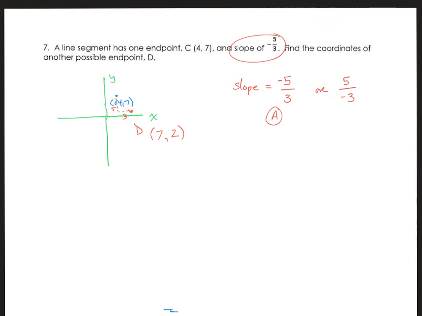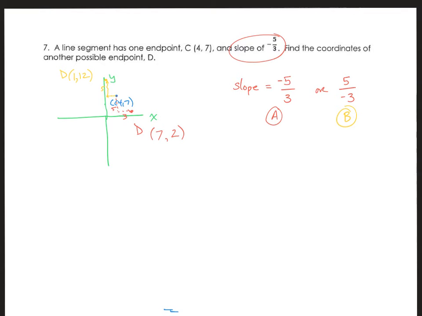The alternate solution to that would have been backtrack. So perhaps instead I thought of a run of 3 backwards, so negative, and therefore up 5. That might have finished at this location of point D to go back 3 on my X and to go up 5 on my Y. Either of those values for D, coordinates for D would be good.